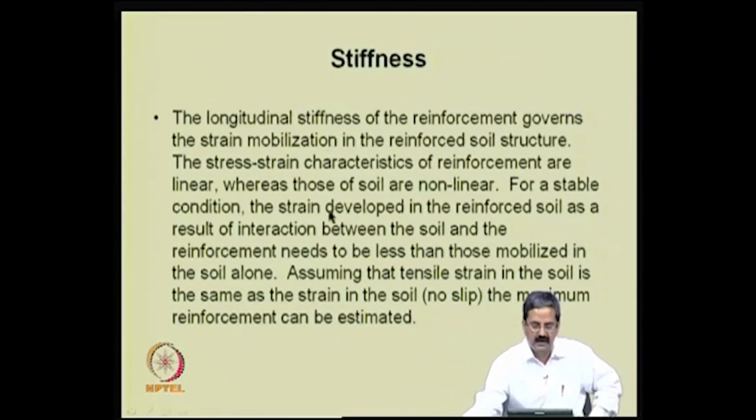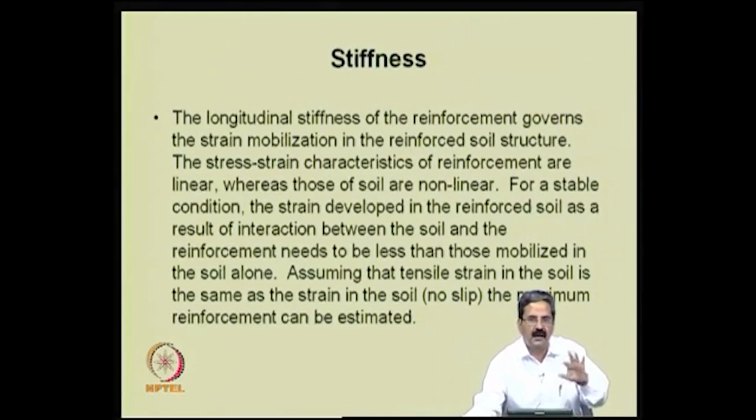So, we say that there is no slip that occurs. This is a very important concept, and so we calculate the corresponding stiffnesses. Soil can be very low in stiffness, but reinforcement is very good in stiffness. Both of them together will give you the composite stiffness.